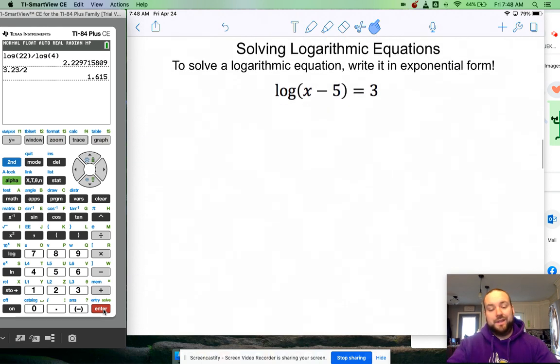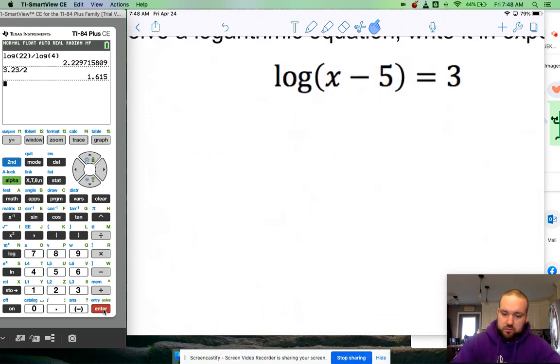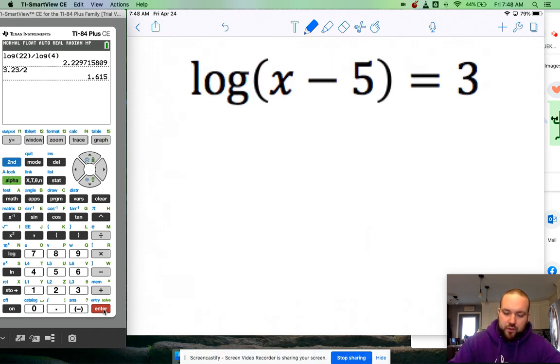Today, we're going to do the exact opposite. If you have a logarithm that has x in the argument, like log of x minus 5 equals 3, I'm going to write this as an exponential equation, and that will allow me to solve it. First, I need to make sure my logarithm has a base.